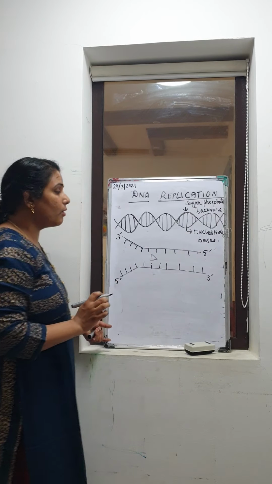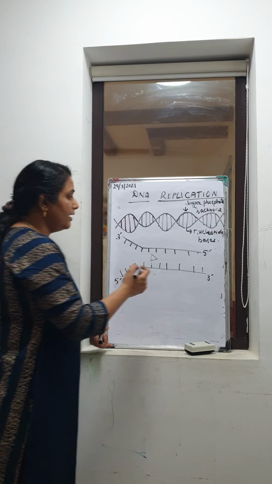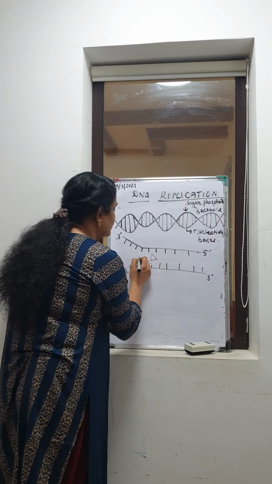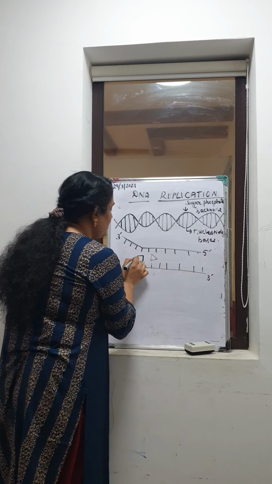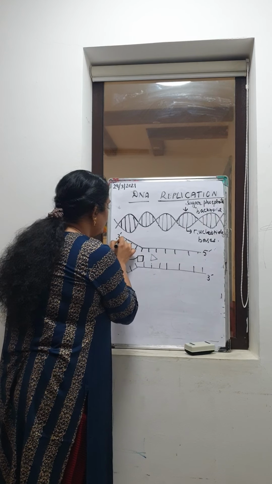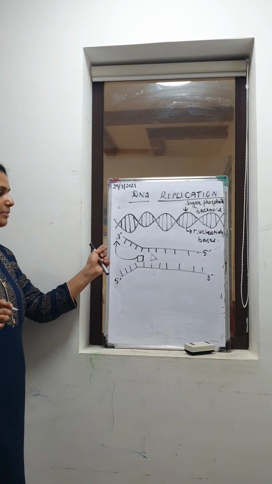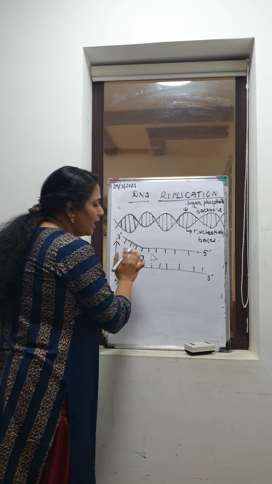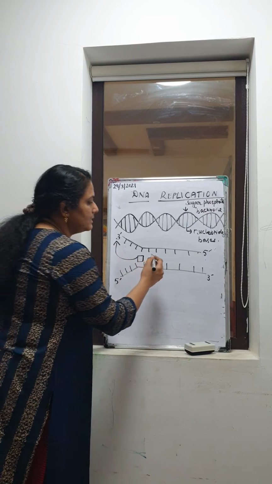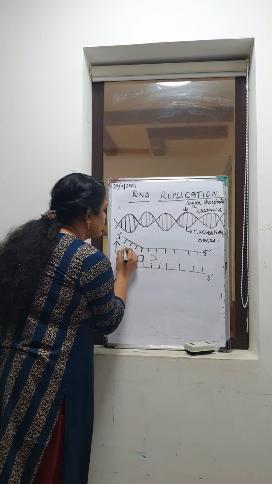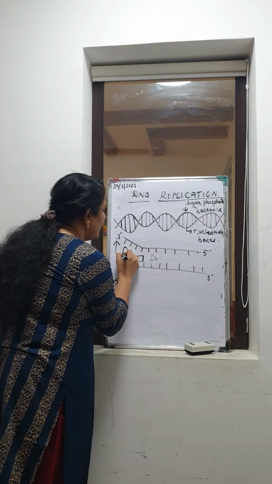Now, DNA polymerase enters. This DNA polymerase can add the nucleotide at the 3' end. But DNA polymerase wants some guidance. The guidance is given by the RNA primer.